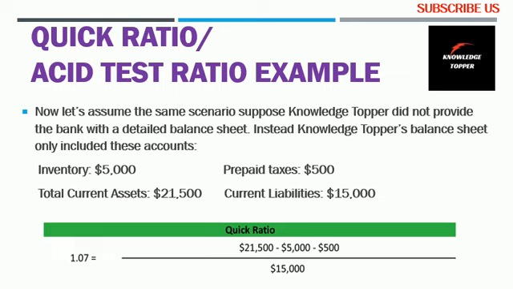Basically, higher quick ratios are more favorable for companies because they show there are more quick assets than current liabilities. Suppose a company has a quick ratio of 1, it indicates that quick assets equal current liabilities. This also shows that the company could pay off its current liabilities without selling any long-term assets. And a ratio of 2 shows that the company has twice as many quick assets as current liabilities.